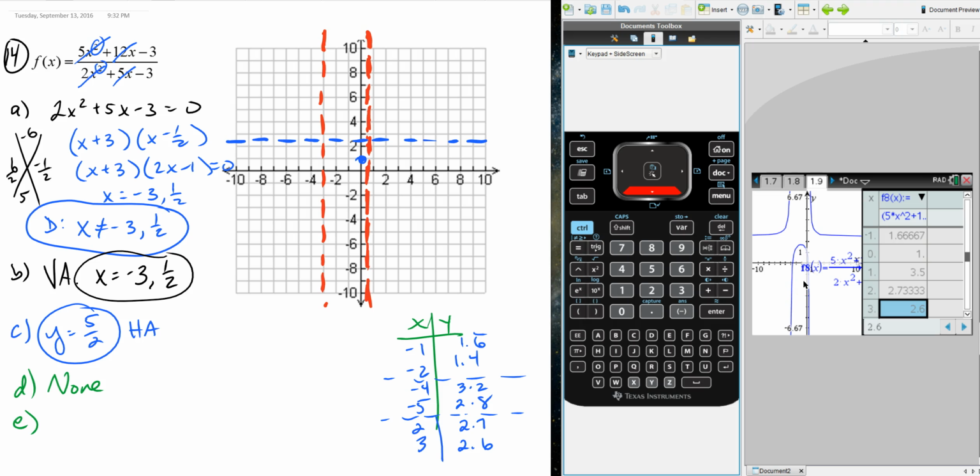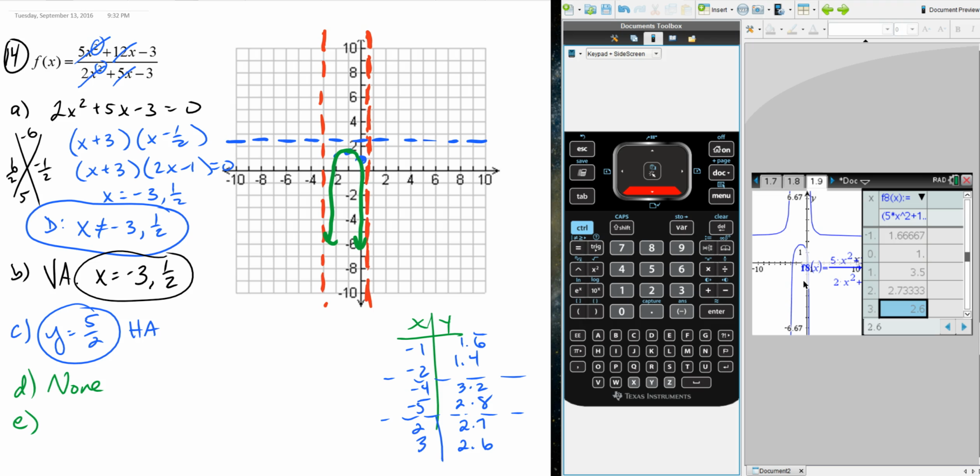Negative 1 is 1.6, so that puts me about there. Negative 2 is at 1.4. So this graph goes like that. Clean that up a little bit. So there's the middle part.